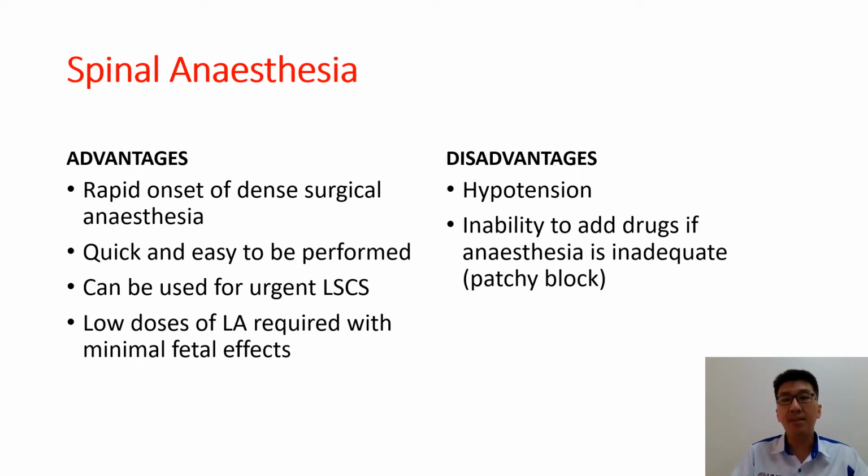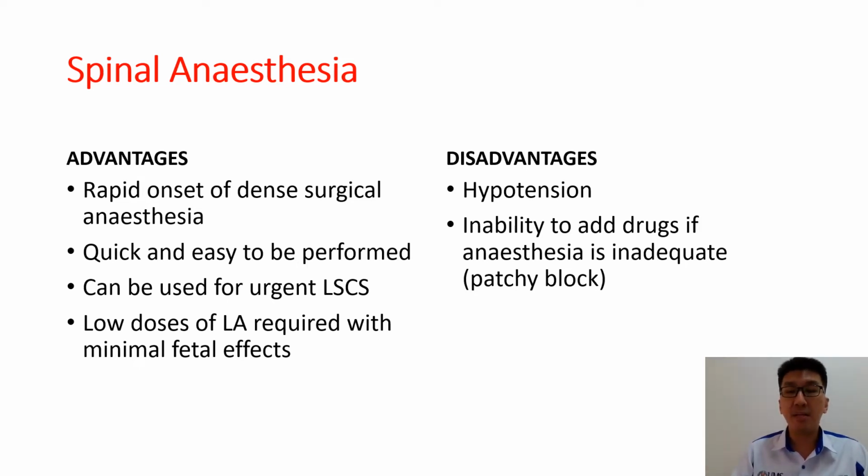However, the disadvantages are due to hypotension. Because of the reduced CSF volume in the epidural space or the spinal space, there is a higher risk of high or total spinal anesthesia, which will result in hypotension and bradycardia.